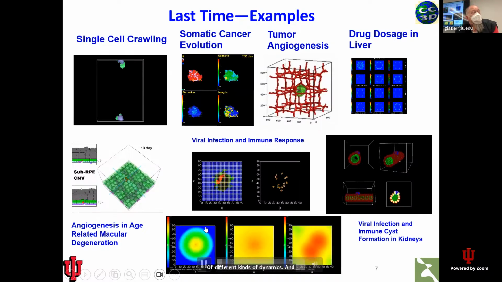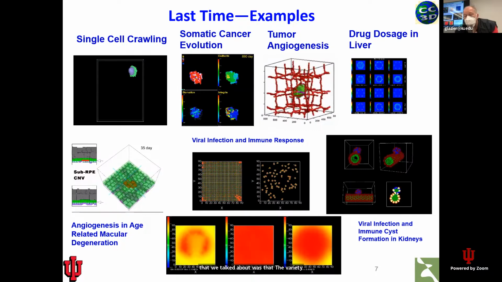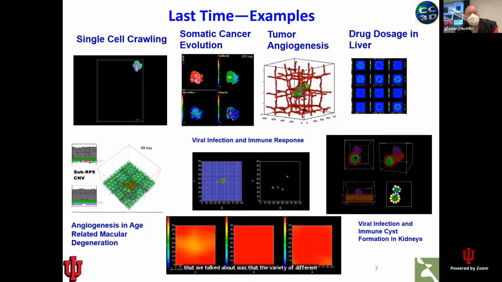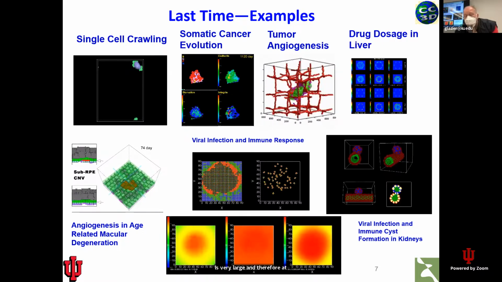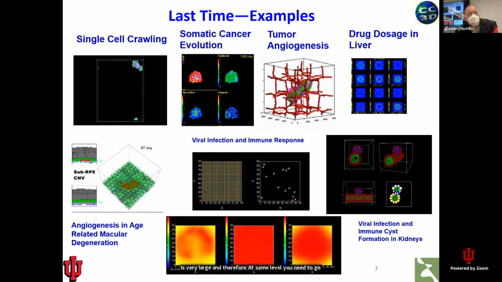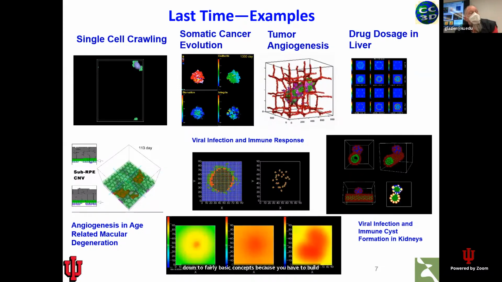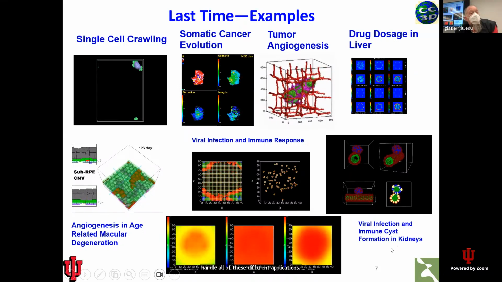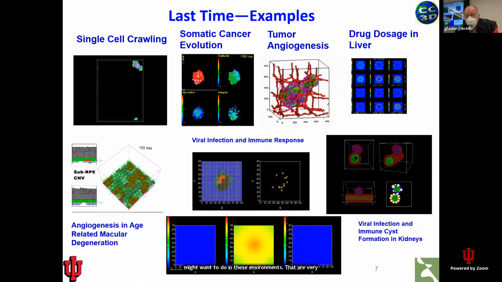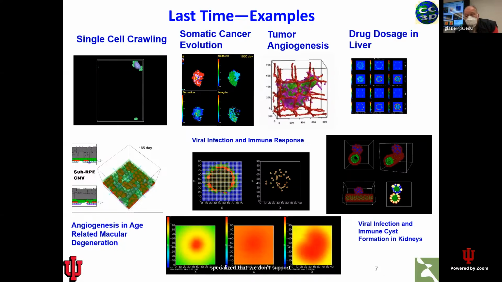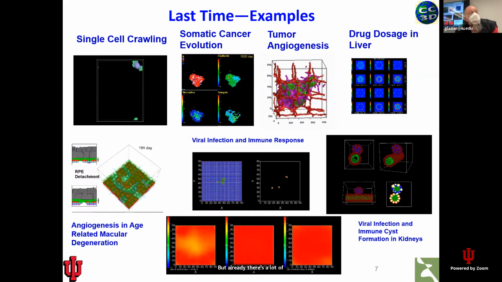And one of the things that we talked about was that the variety of different phenomena that you can observe in these biological systems is very large, and therefore at some level you need to go down to fairly basic concepts, because you have to build an environment that's flexible enough that it can handle all of these different applications. And I should say that there are plenty of things that you might want to do in these environments that are very specialized that we don't support. But already there's a lot of diversity of the kinds of questions one can solve with these kinds of approaches.